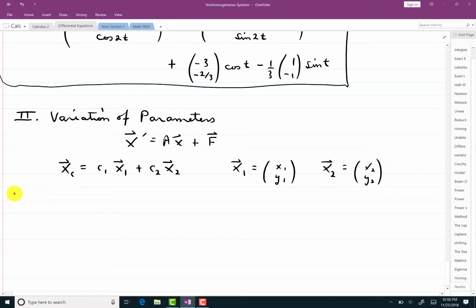Now, things we know. We know that x1 prime equals Ax1, x2 prime equals Ax2, because both of these x1 and x2 are solutions to the homogeneous system.